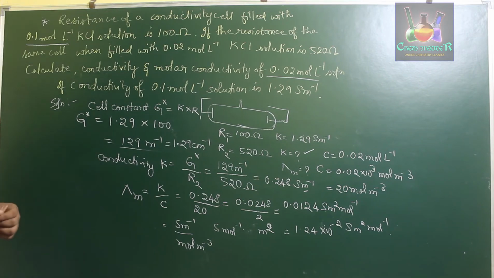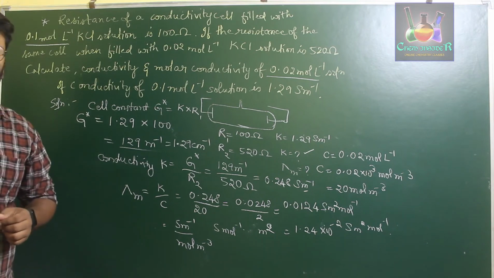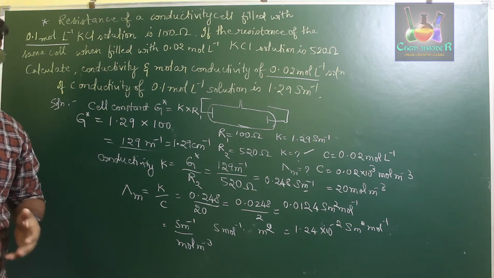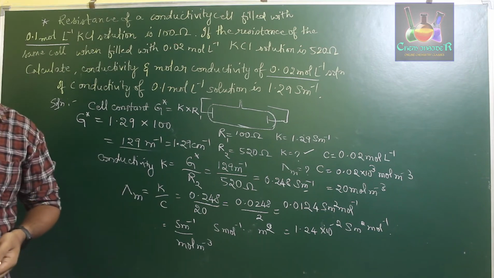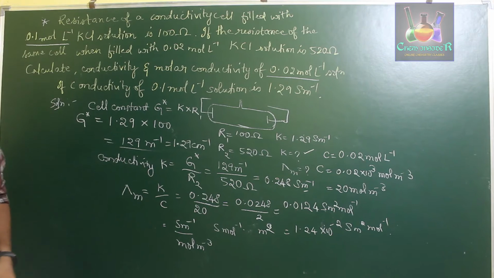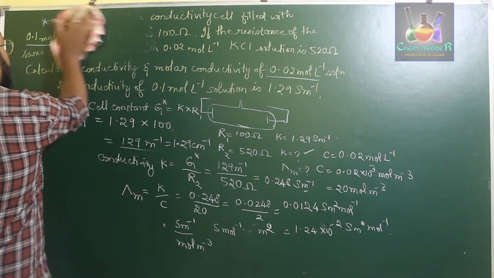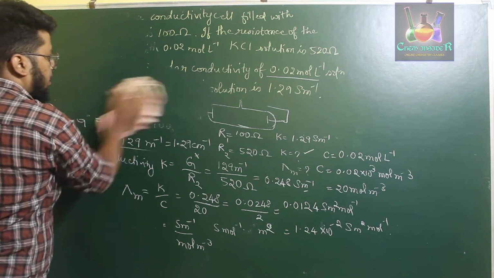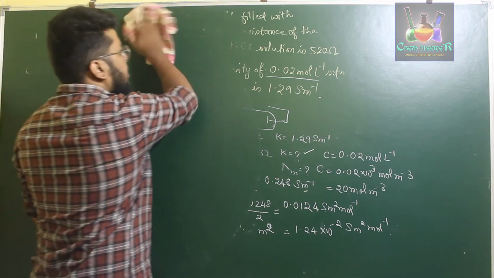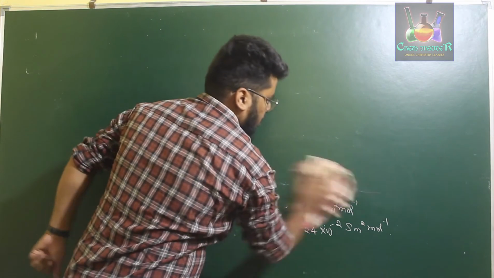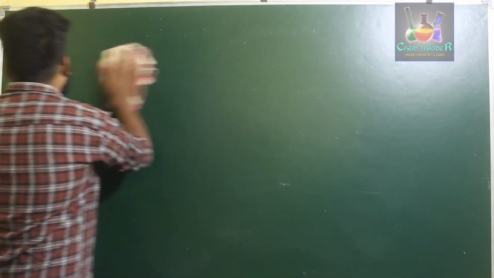Next, we'll discuss the topic called variation of molar conductivity and conductivity of a solution depending upon the concentration. Usually, when you vary the concentration of a solution taken in a conductivity cell, the conductivity and molar conductivity either increase or decrease.